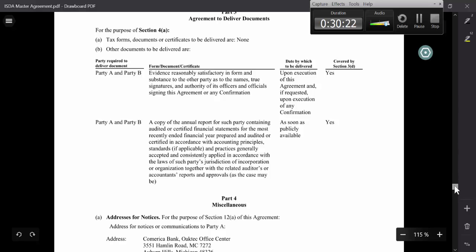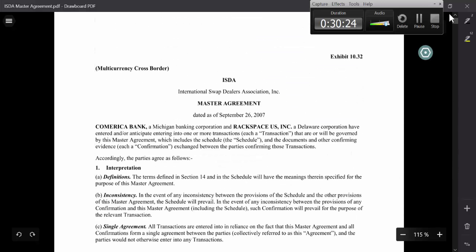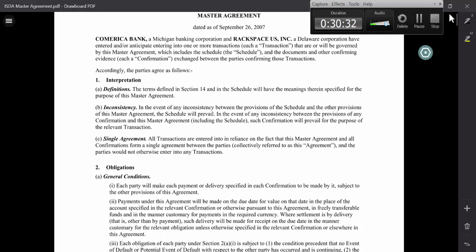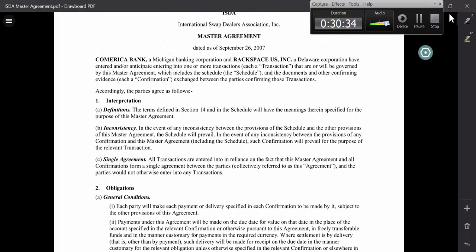Now, to be honest, it's not the most exciting thing I've ever read. Actually, it's quite boring. But this is a real document, the master agreement between Comerica Bank and a company called Rackspace US Inc. So for our example, you would probably put JP Morgan and GE Capital, okay? So you have to be quite precise about who you are dealing with.